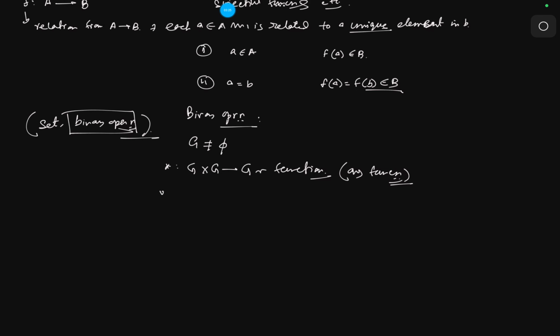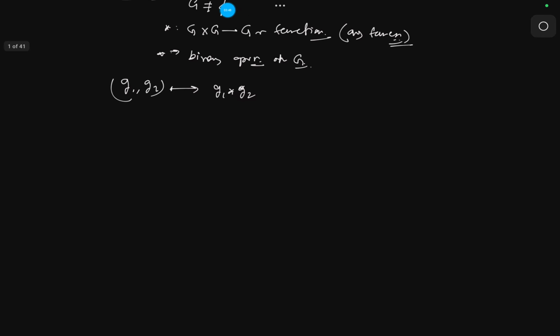Then star is said to be a binary operation on G, right? That means you can take any two elements g1 and g2 and send them to g1 star g2, and this star is a binary operation, meaning it operates between two particular elements in G.